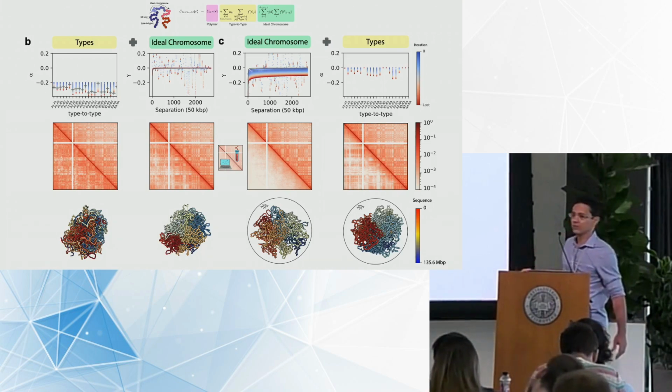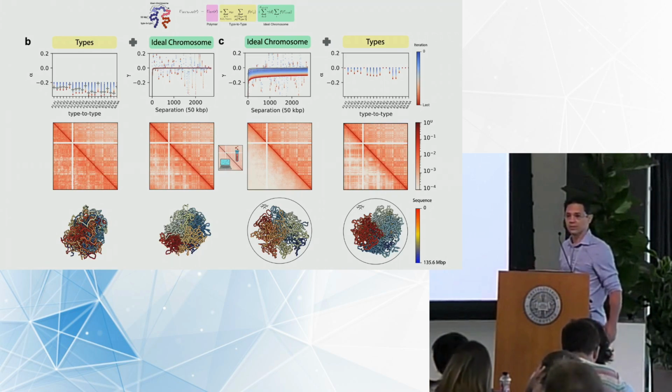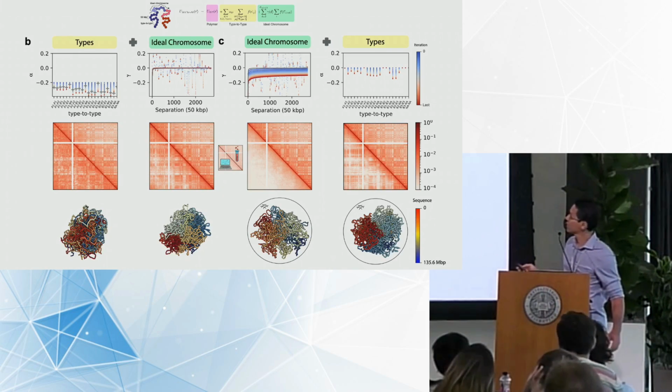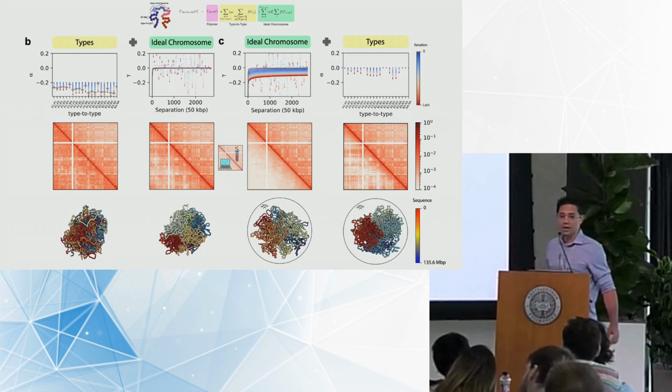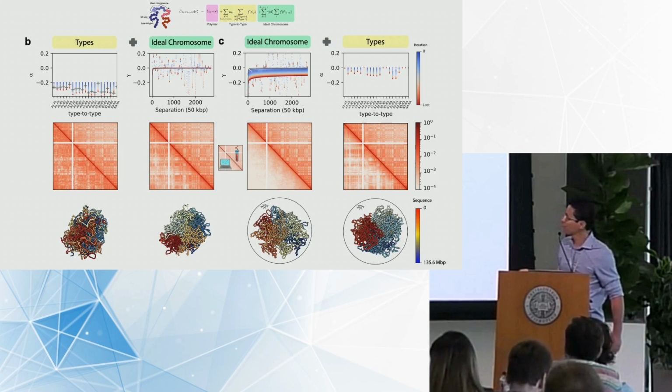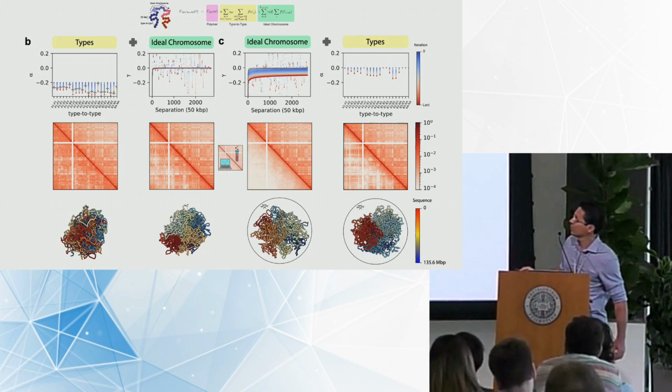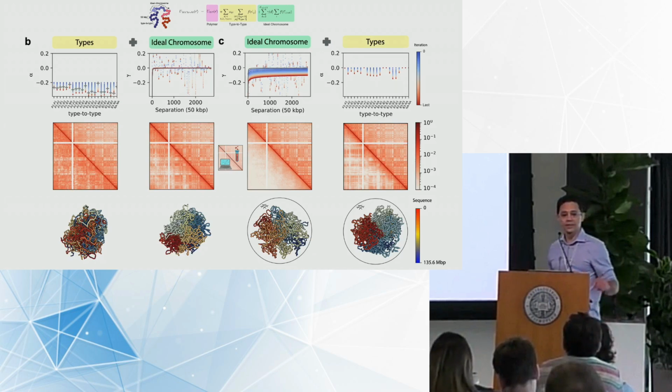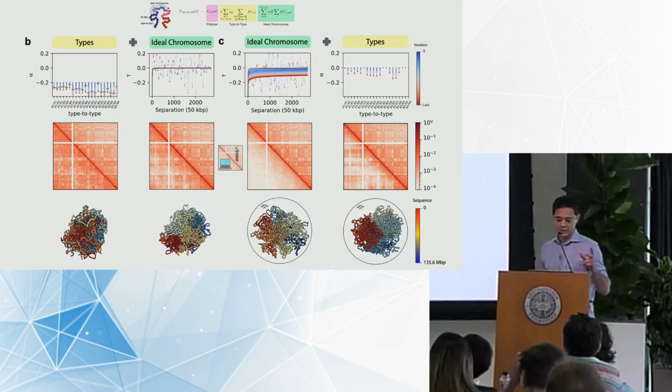And then when we go to the lengthwise compaction, it suddenly goes to 0. But the first term, the first bead interactions, are quite strong. If we do the opposite, then this baseline moves from types and goes to the ideal chromosome, so the lengthwise compaction term is now stronger. And then if you train types later, you have a fine tuning, and the average energies are lower between the different beads.